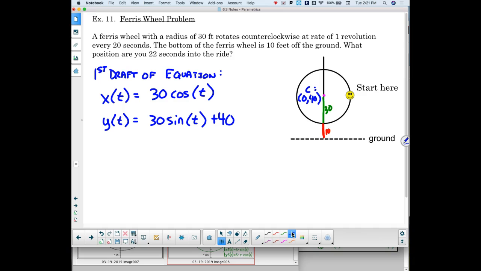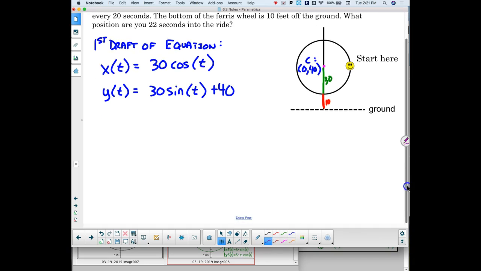Now, let's do a little logic. At t equals 5 seconds into the ride, one, where am I? Two, what are the coordinates of the point that I'm at? 5 seconds into the ride.